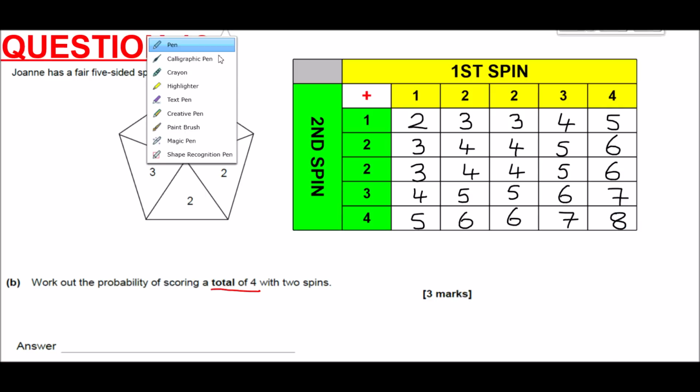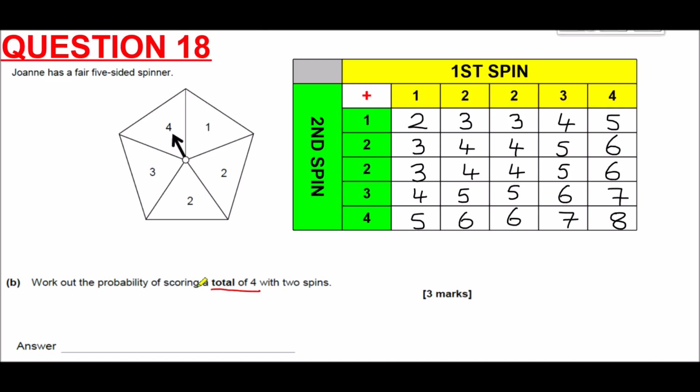What we're interested in here is the probability of scoring a total of 4 with 2 spins. So, how many of these different spaces have got a 4 in them? Well, that's 1, 2, 3, 4, 5, 6.